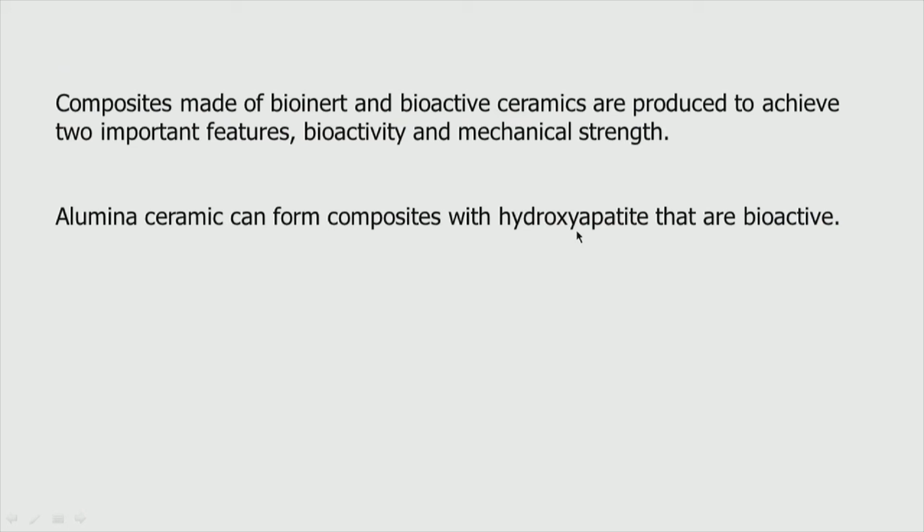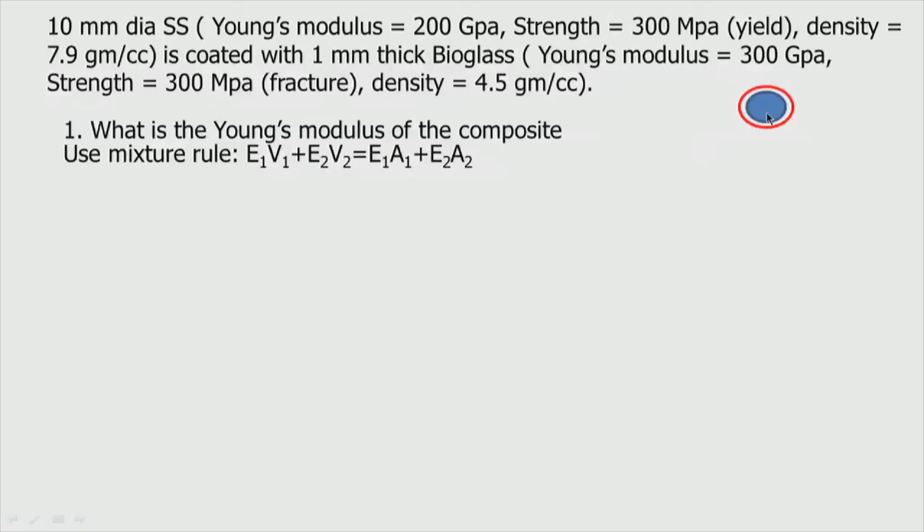Again, we can prevent atmospheric oxidation related corrosion of some metals by coating hydroxyapatite on top of metal joints. So, there are so many options available by bringing ceramics into the picture of biomaterials.